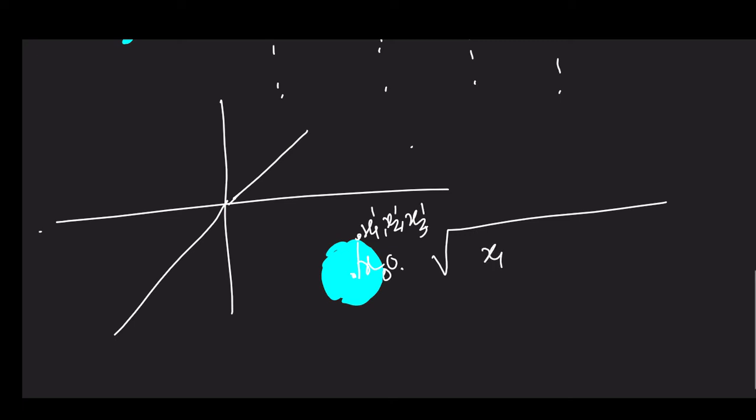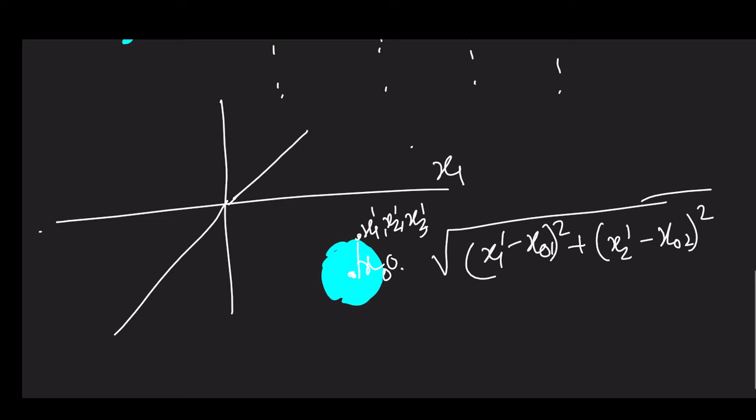So we can write (x1 dash minus x naught 1) whole square plus (x2 dash minus x naught 2) whole square, because here in a three-dimensional space, this is x1, this one is x3, and this one is x2. Any point needs three coordinates.